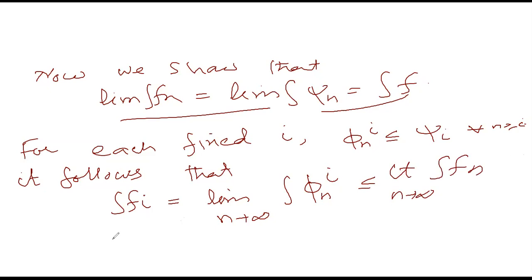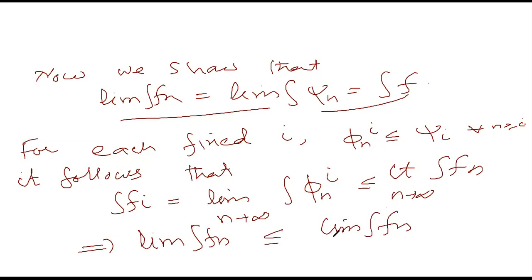For i. So that means the limit of the integral of fi. We can replace i by n again, because i is approaching infinity on this side, and on this side n is approaching infinity. So we can choose the same numbers, because both are approaching infinity and both are positive integers. This is less or equal to the limit of the integral of psi n.